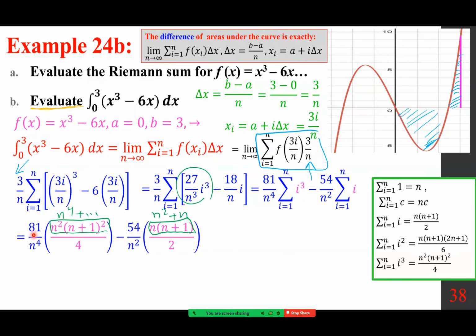So for this one, we are going to have 81n to the power of 4 in the numerator plus bunch more. The denominator is 4n to the power of 4, minus 54n squared. Actually, that one is plus 54n, but it doesn't matter. The denominator is 2n squared.